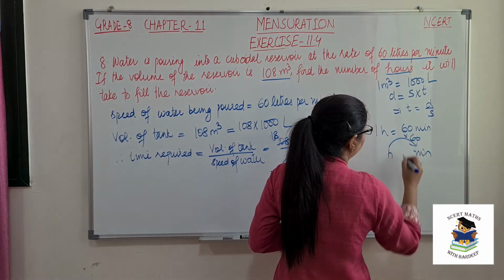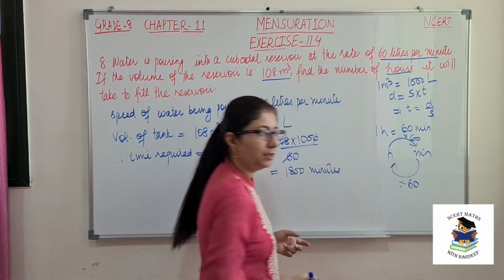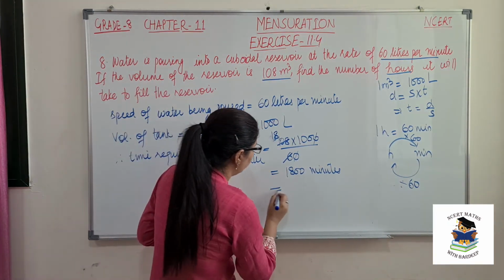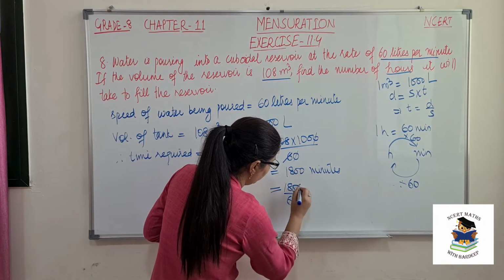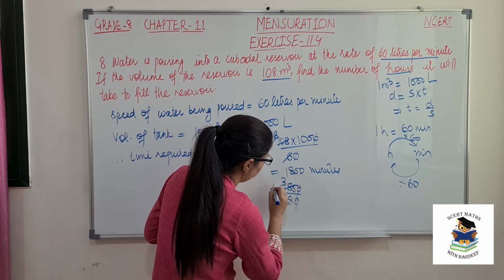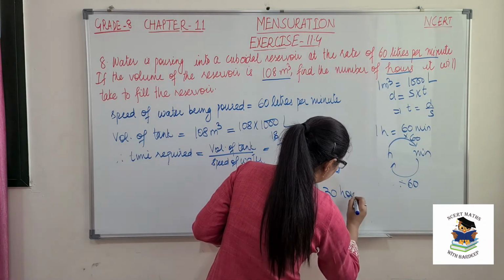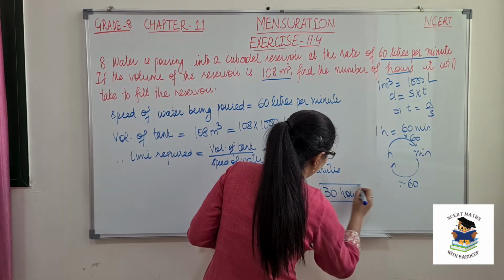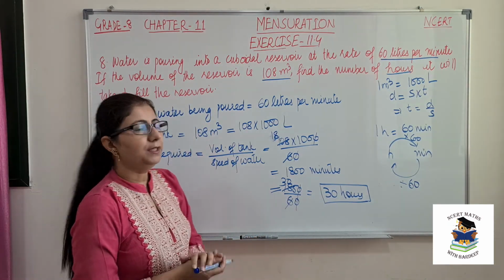That is multiply by 60. If it is minute to hour, this should be divide by 60. So here it is 1800 over 60. 0 0 will be cancelled. 6 3s are 18. So this will be 30 hours. So 30 hours is the total time required to fill this tank.